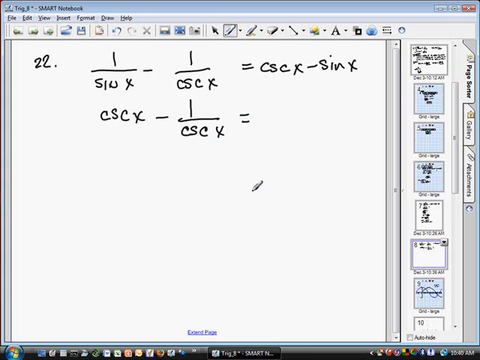We still need a common denominator, don't we, if we're going to combine those? What would the LCD be? Well, there is only one denominator now. It's cosecant, so wouldn't I just multiply this left fraction, top and bottom, by cosecant x?